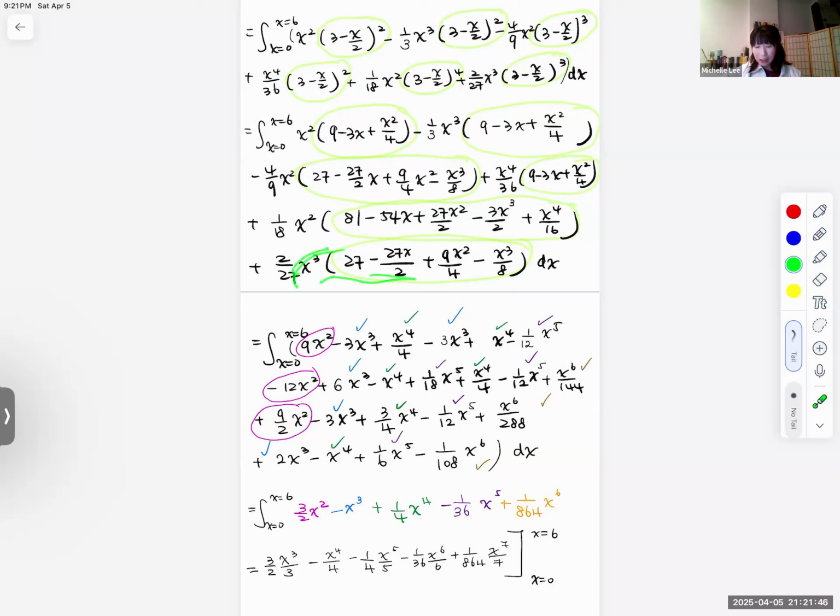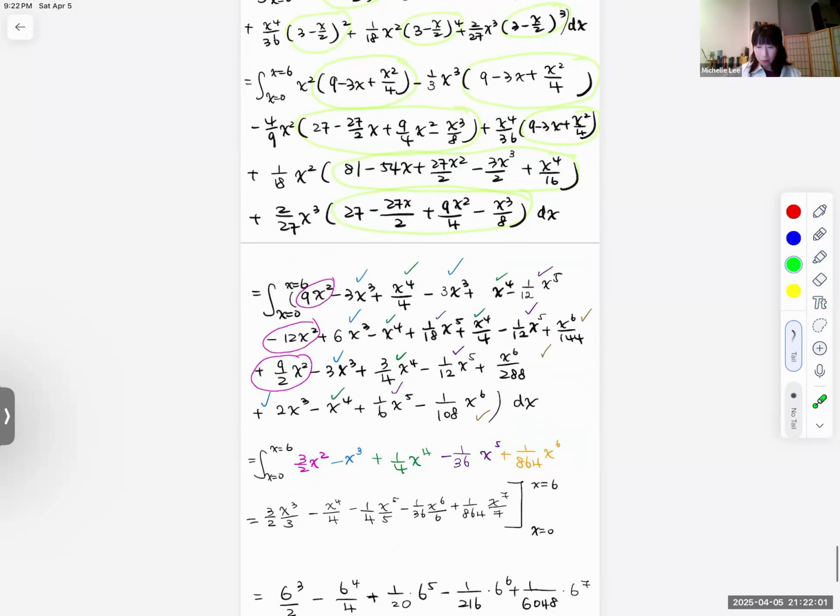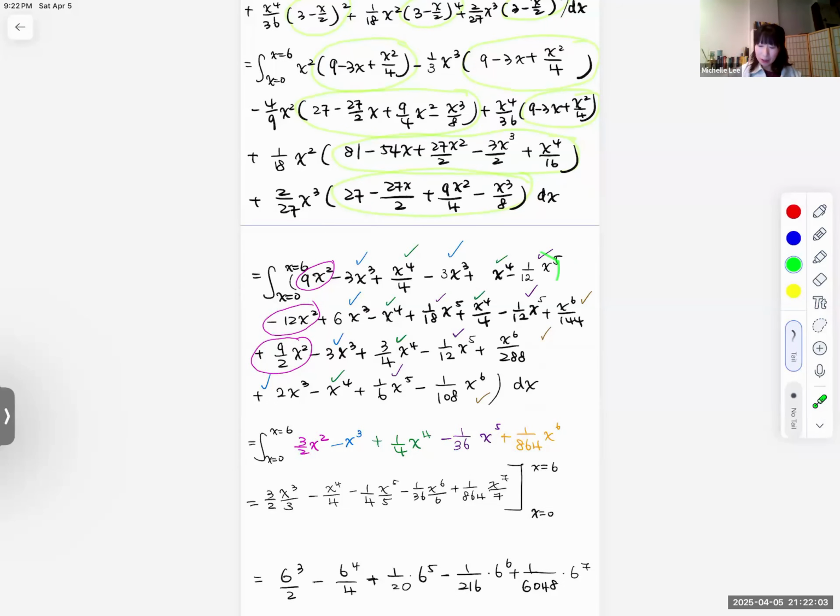After I distribute everything, we have only x terms. And then we need to integrate with respect to x. Before that, I have to combine like terms, yeah? That is a lot of work.